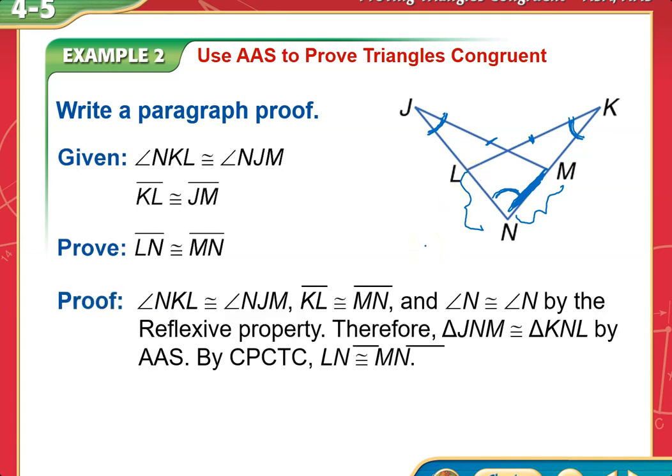Once we get two triangles being congruent, then any other part of the triangle is going to be congruent, corresponding. Therefore, by corresponding parts of congruent triangles are congruent, that's how we can show that LN is congruent to MN.